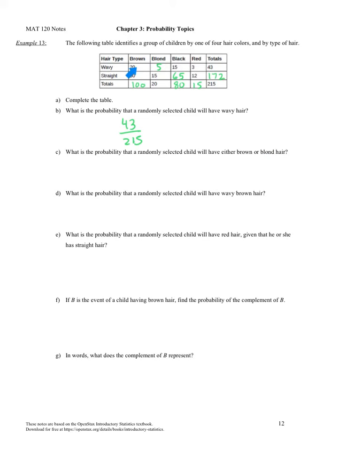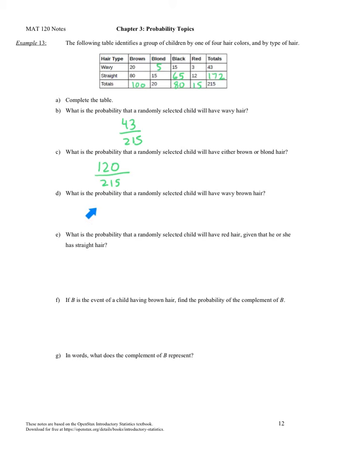So in this case, we'll see that 100 have brown, 20 have blonde. So 120 children have one or the other. And I am going to keep all of these as a fraction, and I'm not going to reduce them because I like being able to see my total number in my denominator.